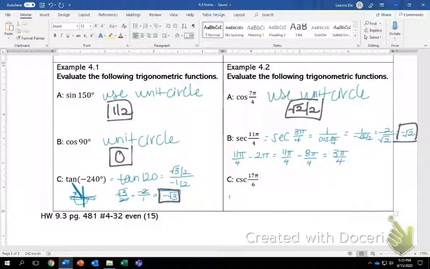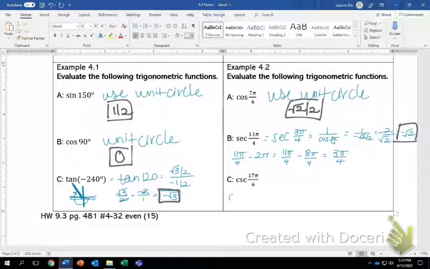All right, so just like in letter B, where I saw I had a full rotation, I am suspecting that C is similar in that aspect. So I just asked myself, okay, 6 times 2 is 12. Anything beyond 12 over 6 is a full rotation, and I have 17 over 6.